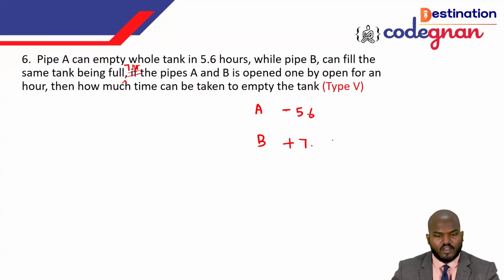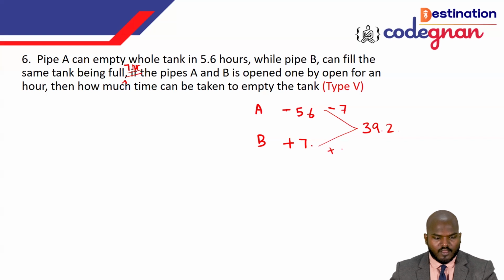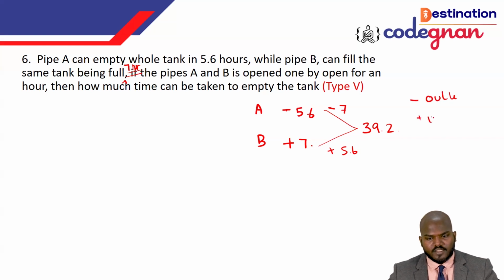If you see, both are different numbers, so we need to take the LCM, which will give you 39.2. For 39.2, you need to multiply by 7 here, and you need to multiply by 5.6 here. So that is minus for the outlet and plus for the inlet.